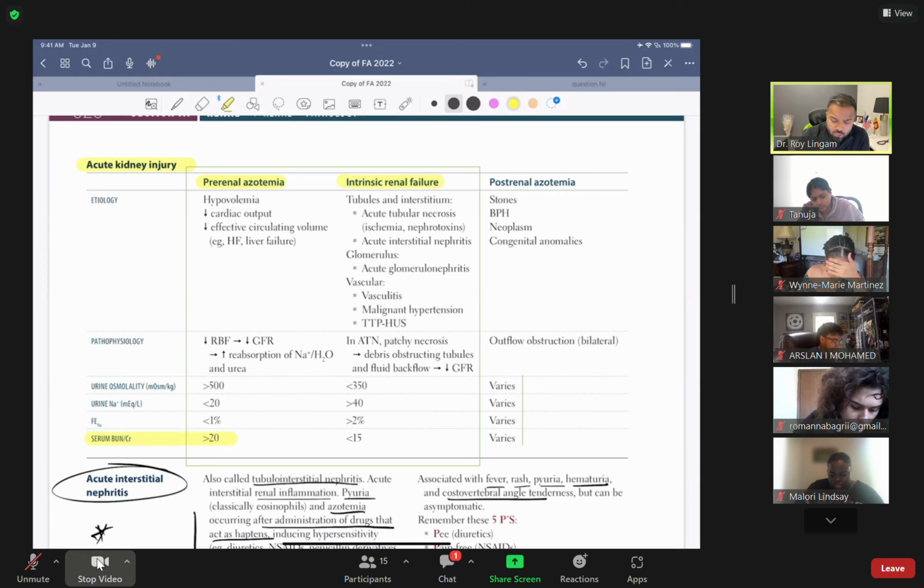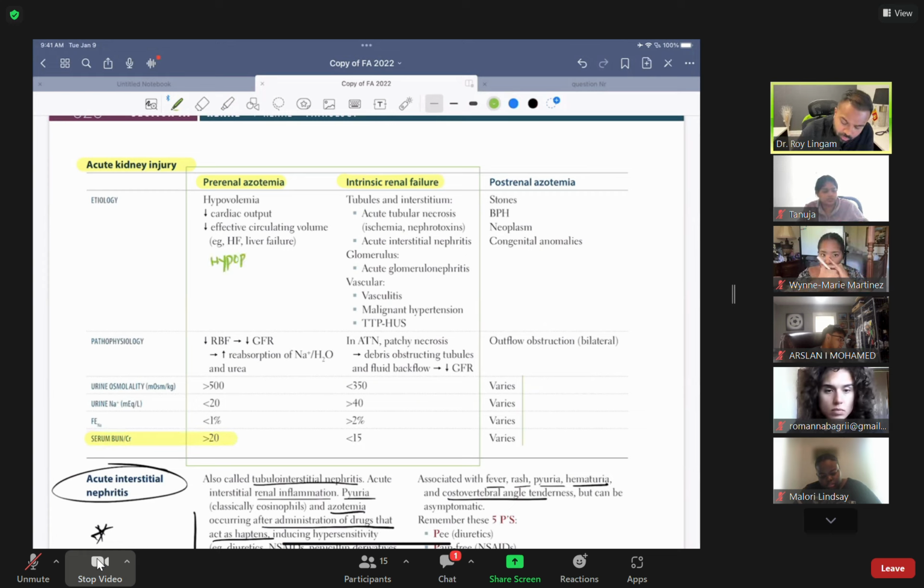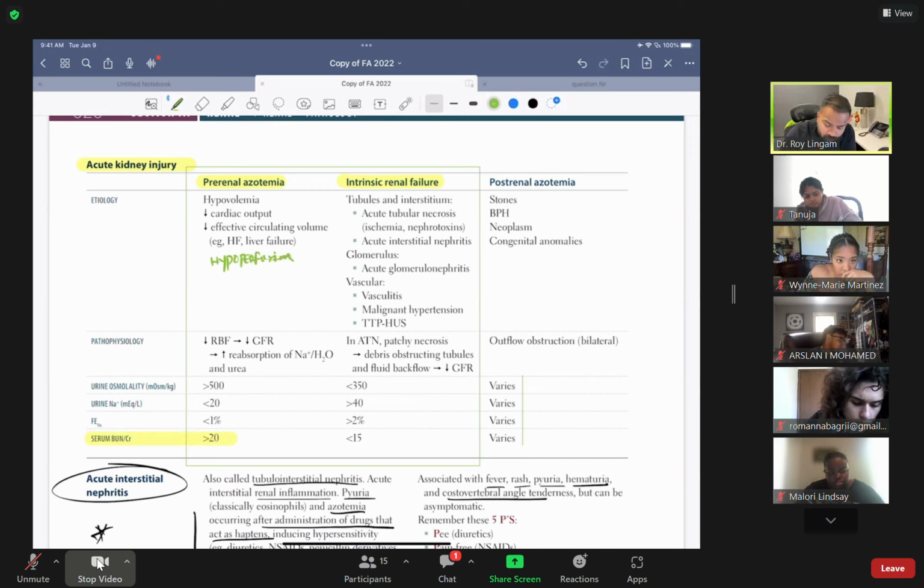Now, what causes pre-renal problem? I will make it simple. Anything that causes hypoperfusion to the kidney. Whatever they have given in this book, they all cause hypoperfusion to the kidney. You have hypovolemia, that means low blood in the body, that means low blood to the kidney.